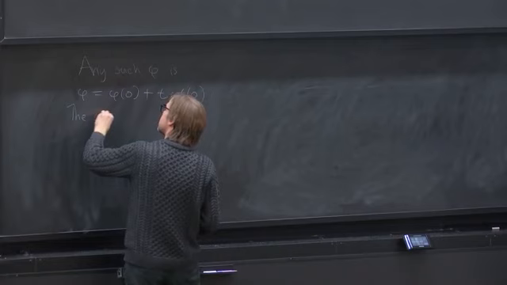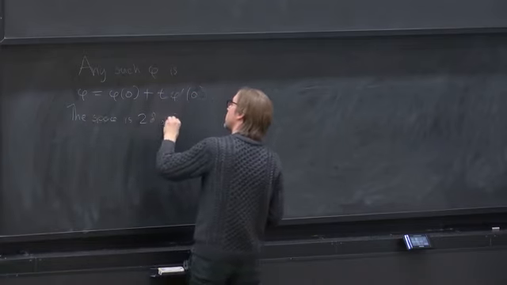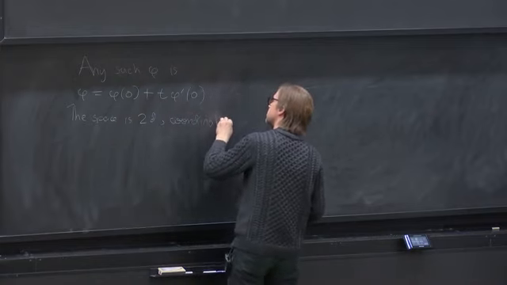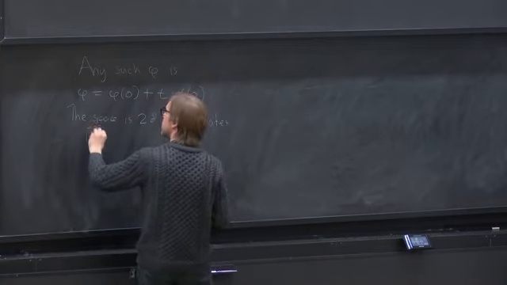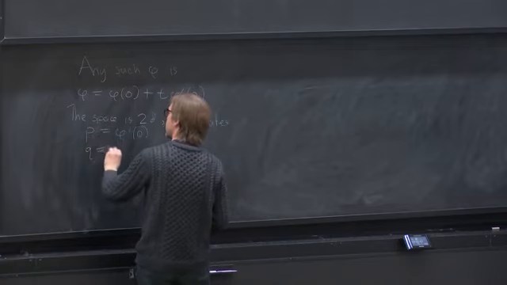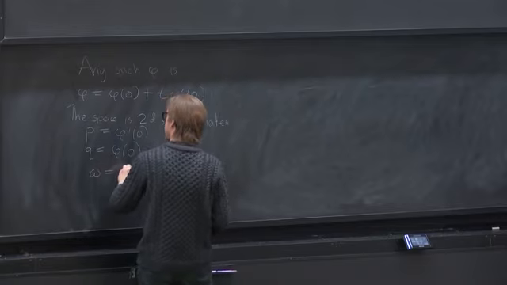The space is two-dimensional with coordinates p, which is the momentum, and q, which is the position. And the natural symplectic form is dp dq.